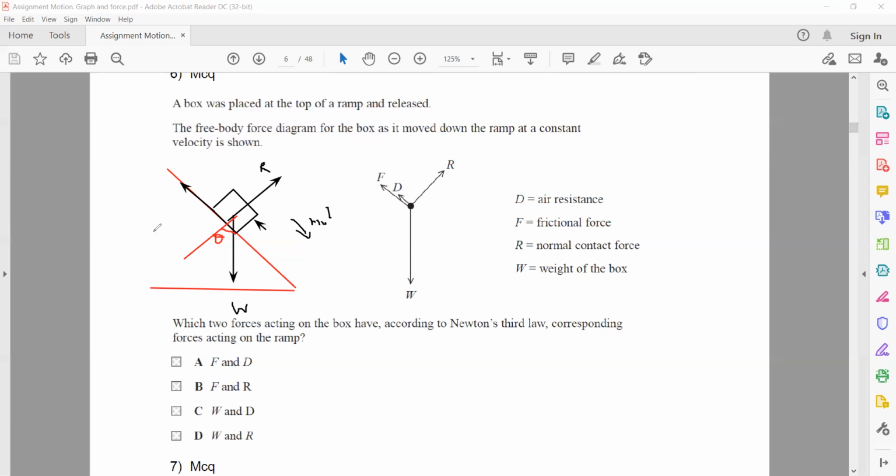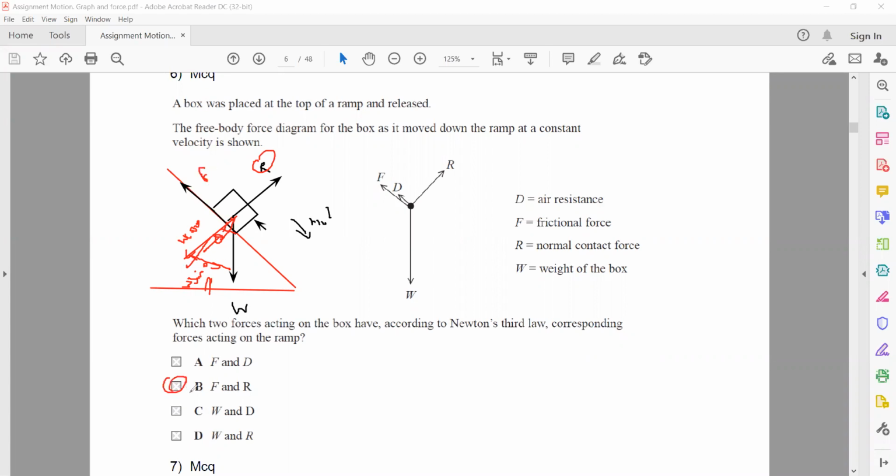So the component with the angle is W cos theta, and against the angle, W sin theta. The weight is the gravitational pull, and W cos theta is acting on the ramp. So the normal contact force, that is the Newton pair force, R is there, and W sin theta, which is responsible for moving this object downward, matches with the friction force acting upward.